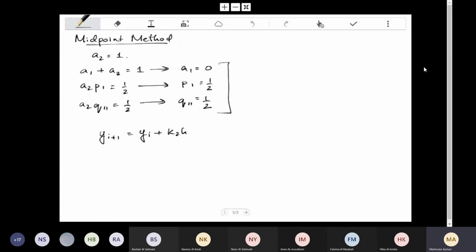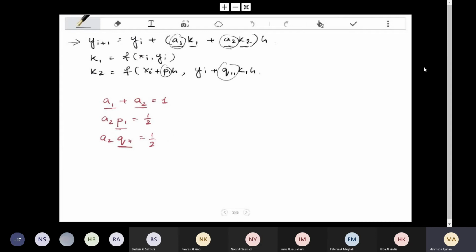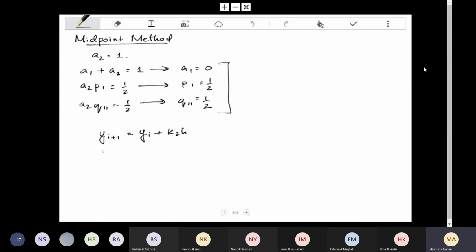We got a1 to be 0, so a1 times k1 is 0 and we don't write the first term. And a2 we got as 1, so 1 times k2 is k2, and 0 plus k2 is k2 times h. So that's what I wrote here, k2 times h.